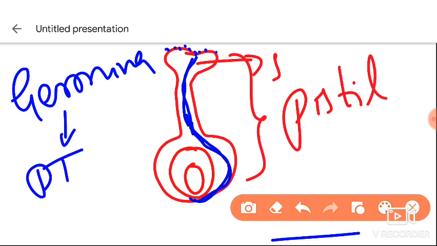Inside the ovary there is the presence of the ovule, and here is the embryo sac, and fertilization occurs, and further development happens. Okay, if the pollen grain is right, all these things happen.